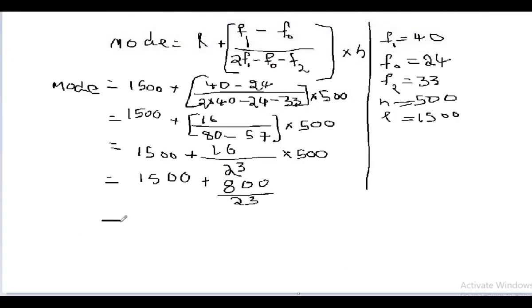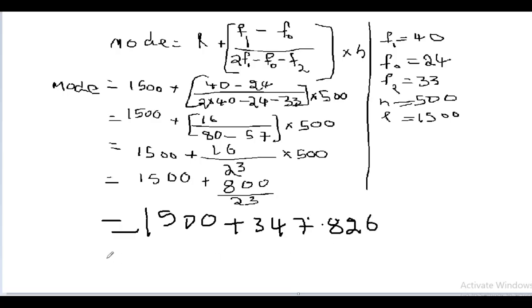So 1,500 plus 347.826. Add both the things, and we are getting 1847.